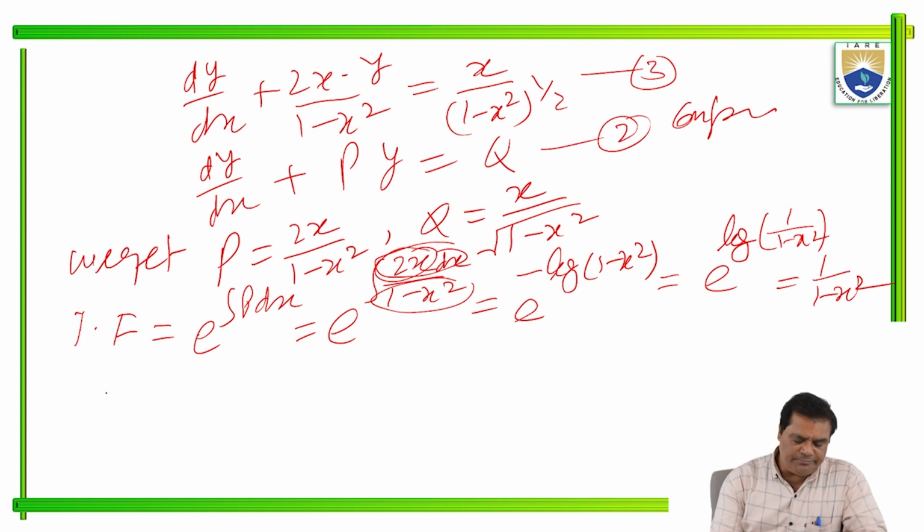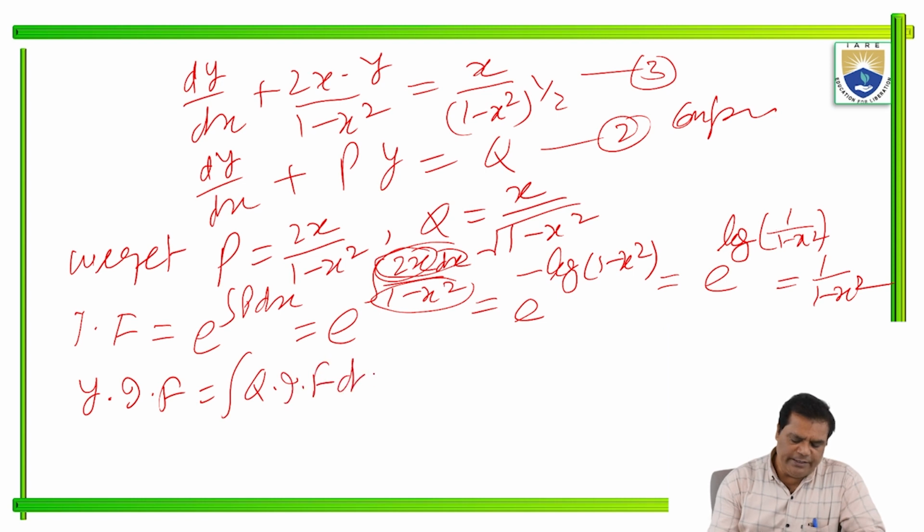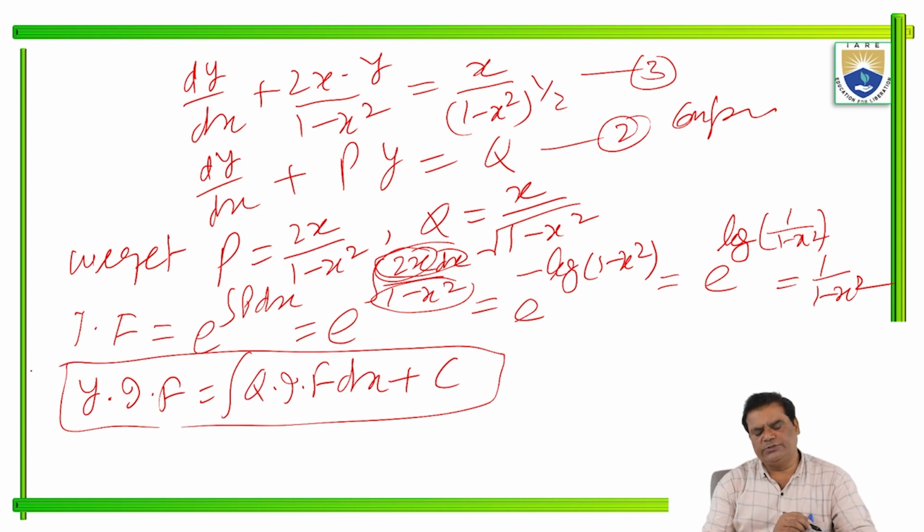Now the solution formula: y into IF is equal to integration of q into IF dx plus c. This is the formula for the solution of a linear differential equation.